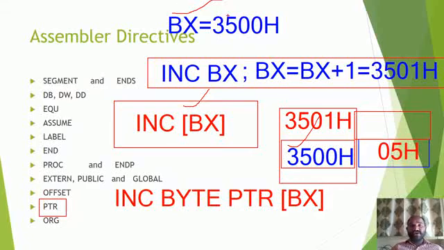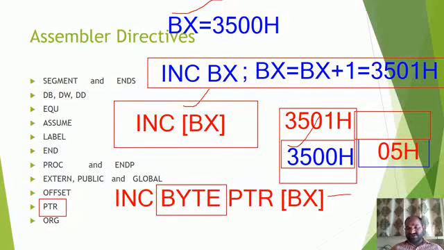What was the BX content? 3500H. So 3500H is not representing a 16-bit number; it is representing an 8-bit number, because we are mentioning it with the help of the byte keyword. It is incrementing the byte specified by the BX content, 3500H, which holds 05.